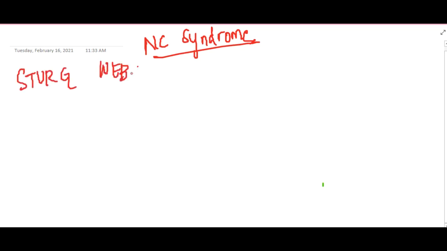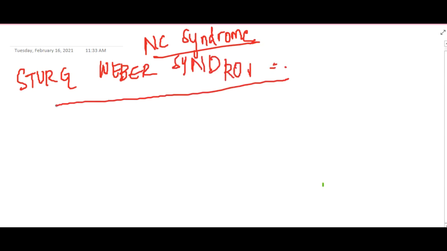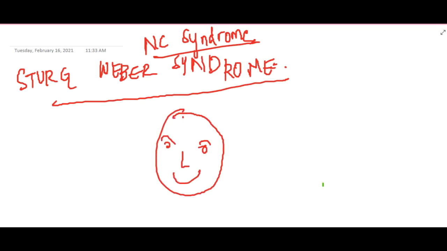In Sturge-Weber syndrome, the child presents with a port wine stain involving two areas of the face, that is the ophthalmic and also the maxillary areas of the trigeminal nerve.